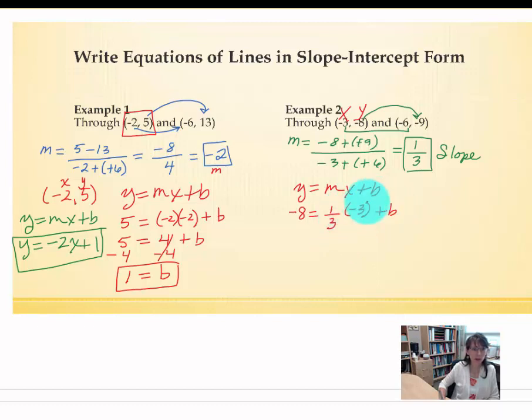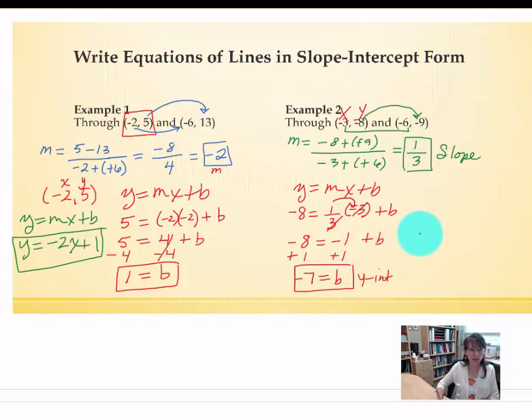Well, this is nice because 3 and -3 reduce. So I have -8 = -1 + b. Adding 1 to both sides of the equation results in -7 = b. So our y-intercept is -7 and our slope is 1/3.